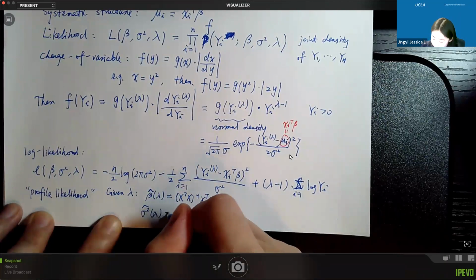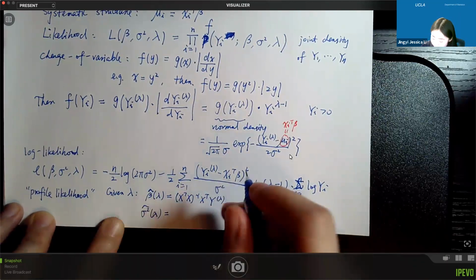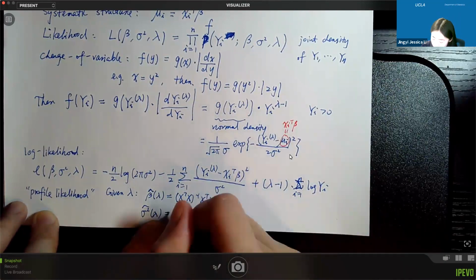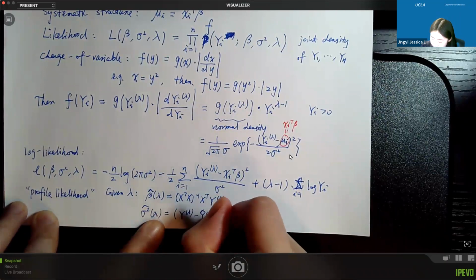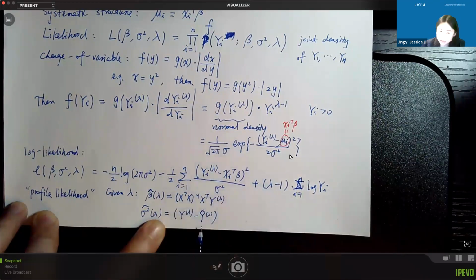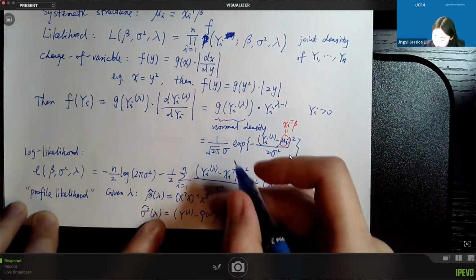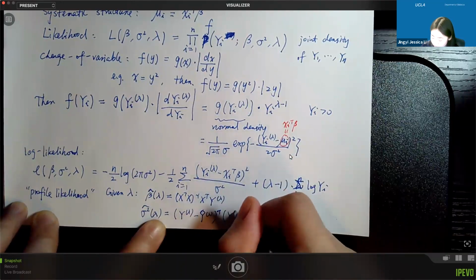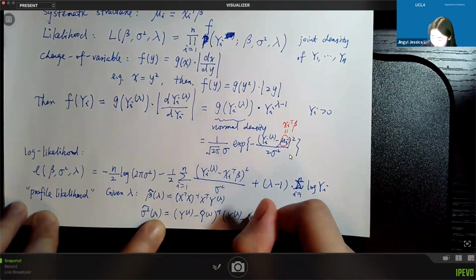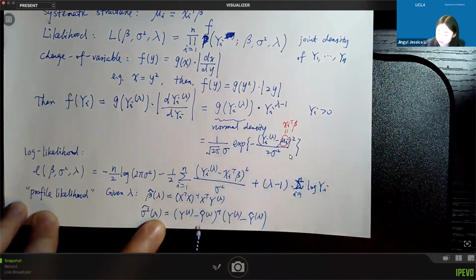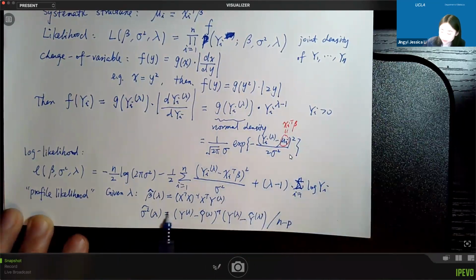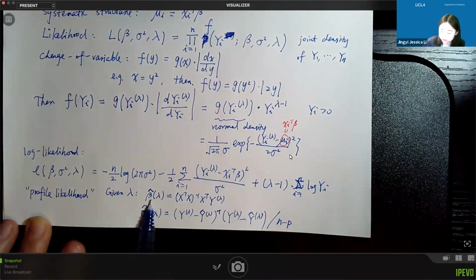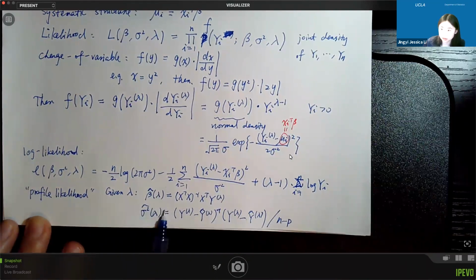I'll just use the vector form: (Y lambda minus Y hat lambda) transpose (Y lambda minus Y hat lambda), where Y hat lambda is the fitted vector for the response. So I'm getting the sum of squared residuals divided by n minus p. So I will have the MLE for beta and for sigma squared given lambda.